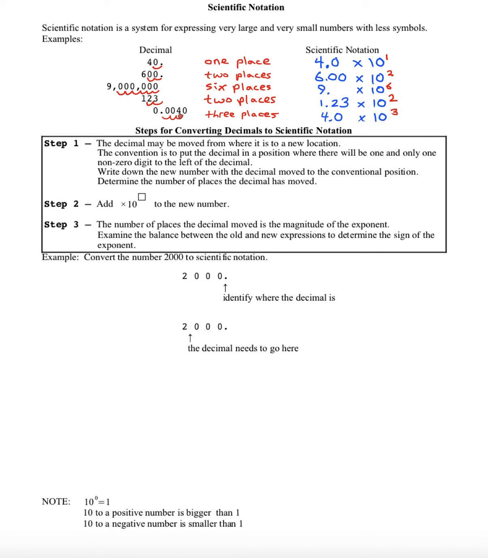See, 0.004 is a very small number. But 4 times 10 to the third would actually be huge. That would be 4,000. Okay, so 4,000 is definitely not equivalent to 0.004. For that reason, this exponent needs to be a negative.